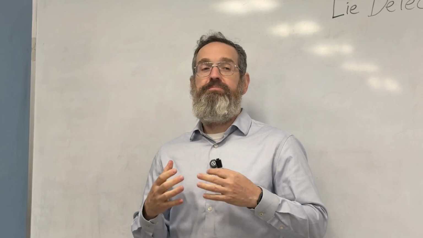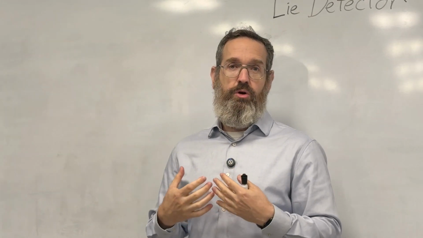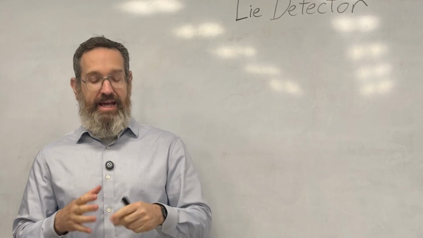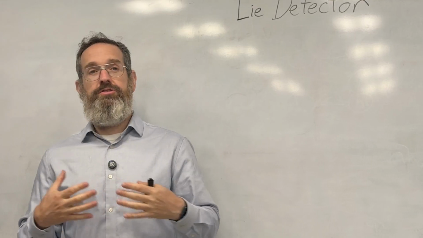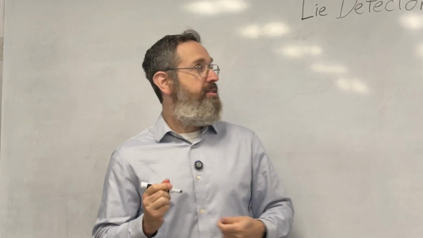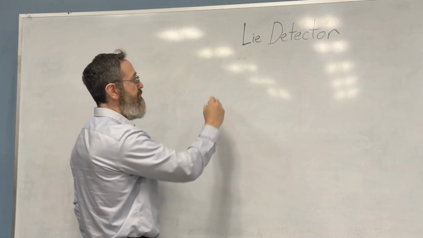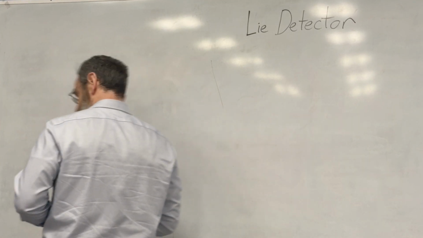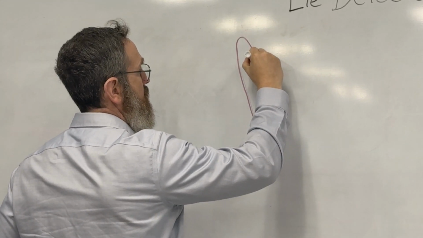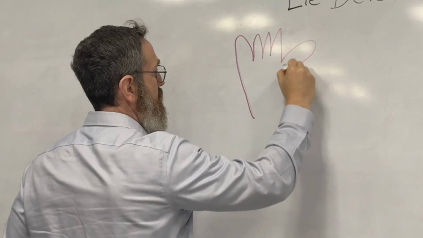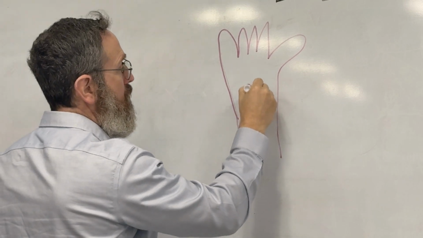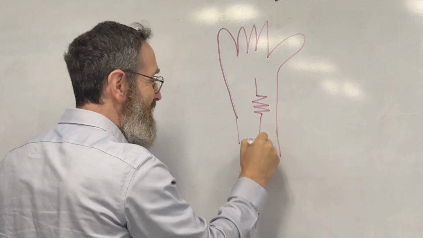Specifically, the notion is that when you are anxious, you sweat. And in fact, that sweating causes a change in your body resistance. So that's what we're going to be going after. I'm going to use an arm. I want you to imagine now that the arm is a resistance.